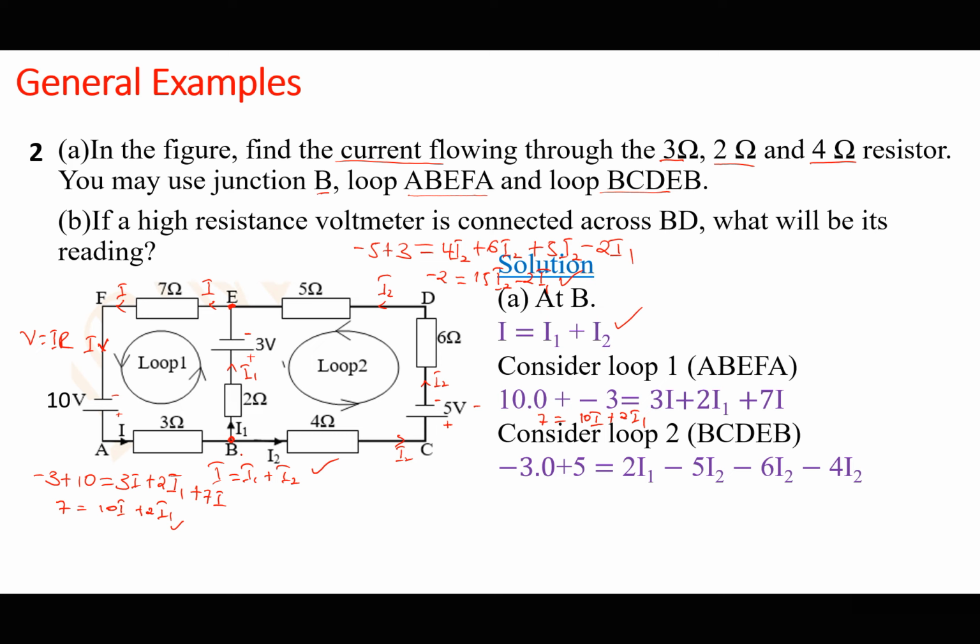Then considering the second loop, moving from B to C to D, this is positive 3 plus negative 5. 3 is going to be positive, the other will be negative. So positive 3 plus negative 5 is equal to the sum of the PDs.